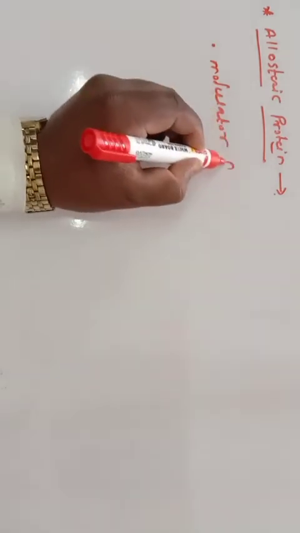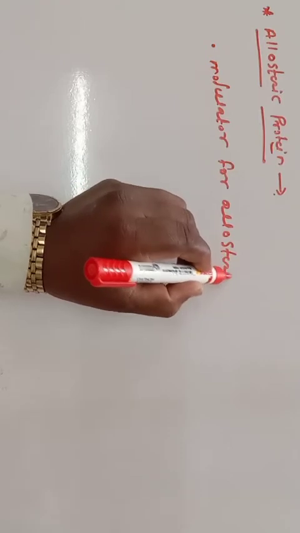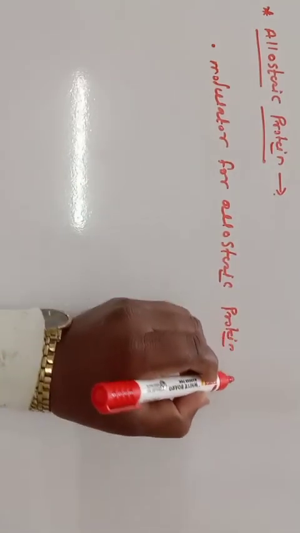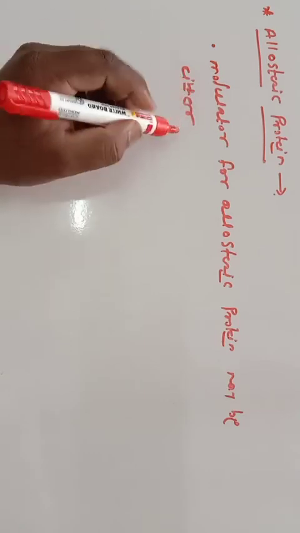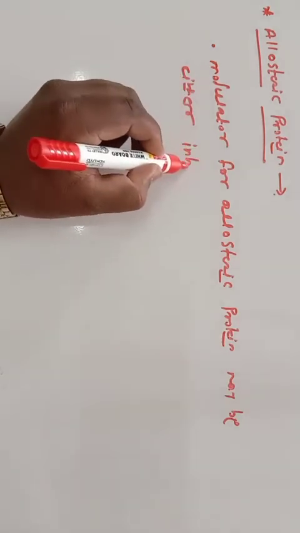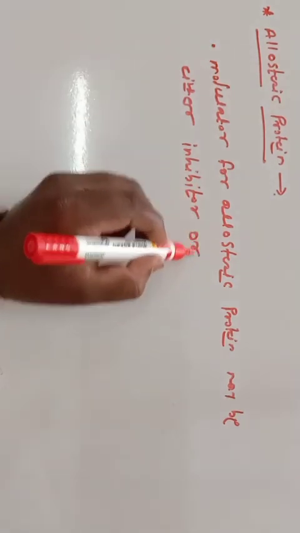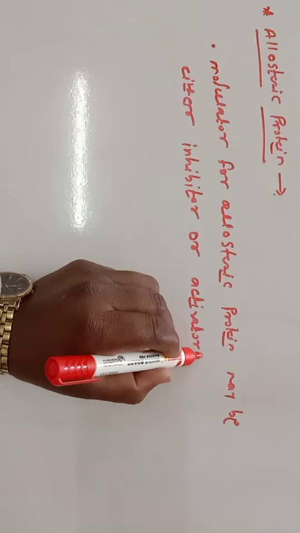The modulator for an allosteric protein may be either an inhibitor or an activator.